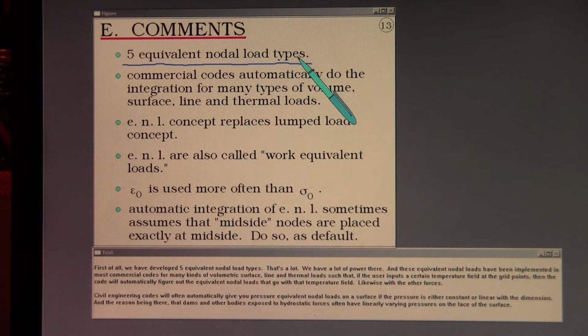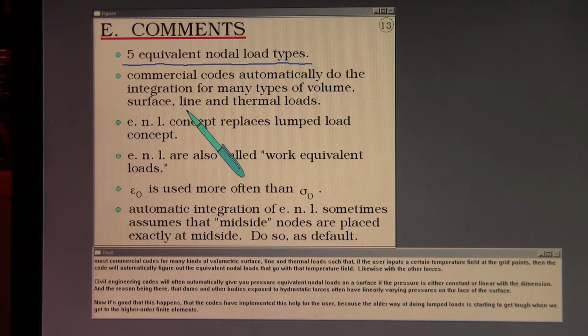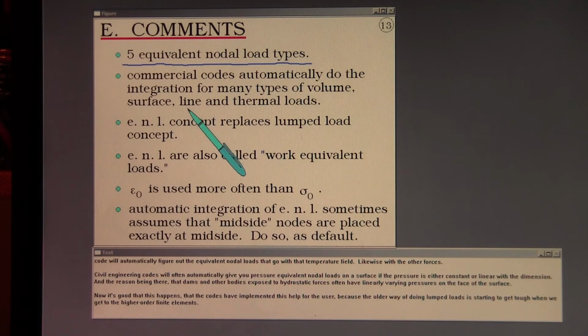And these equivalent nodal loads have been implemented in most commercial codes for many kinds of volumetric, surface, line, and thermal loads, such that if the user inputs a certain temperature field at the grid points, then the code will automatically figure out the equivalent nodal loads that go with that temperature field.